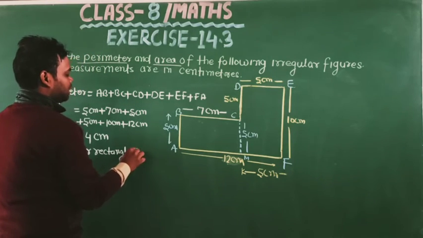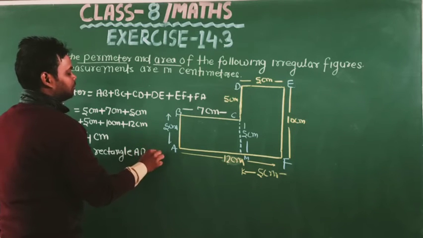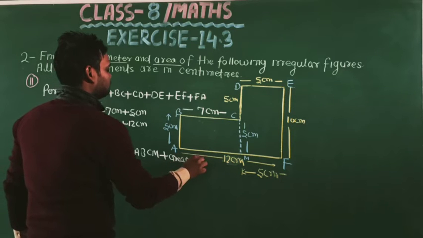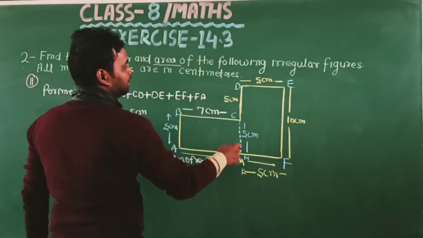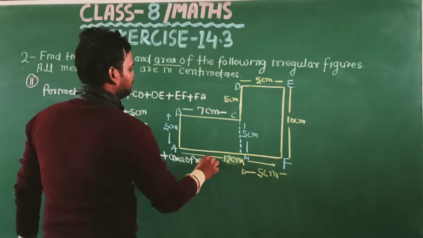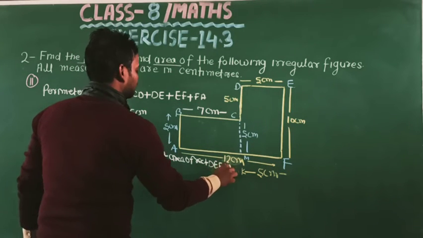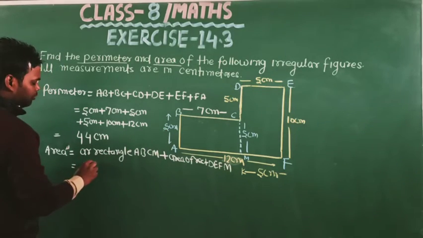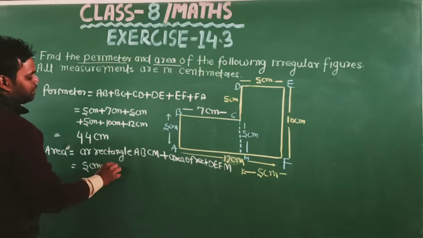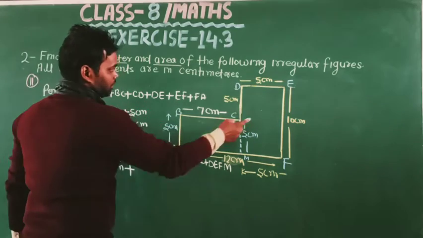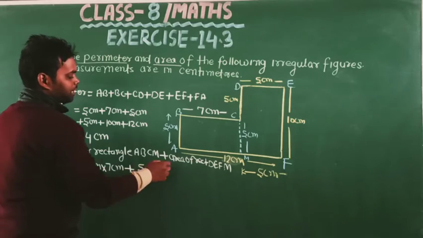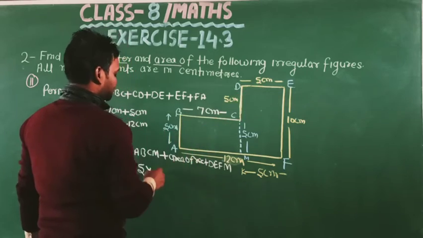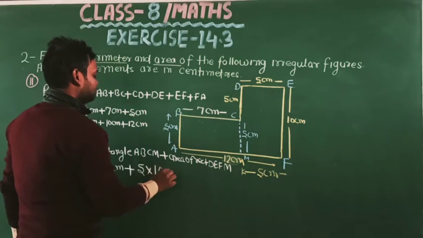First rectangle is ABCM plus area of rectangle DEFM. Okay, so this is length into breadth, means 5 centimeter into 7 centimeter plus, and the area of this rectangle is calculated by length into breadth, means 5 centimeter and 10 centimeter.